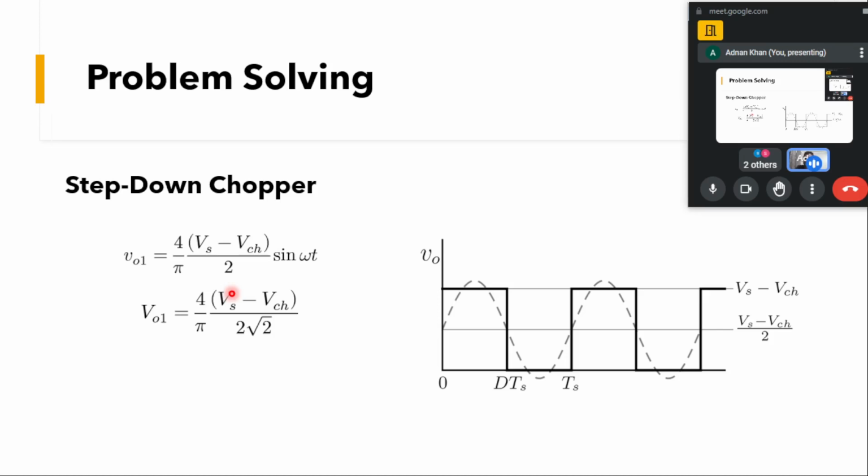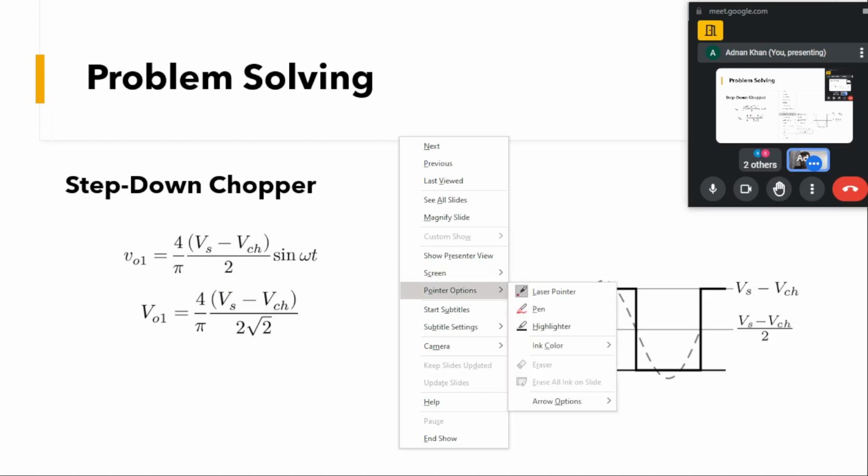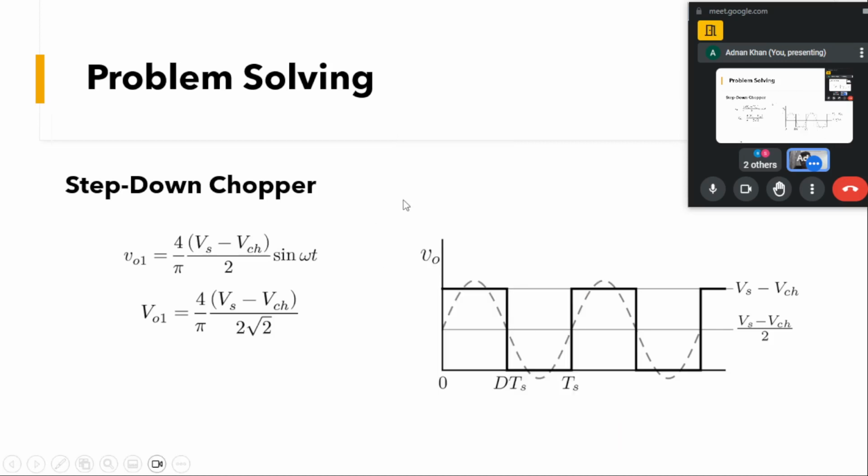Now what will be the RMS value of the fundamental? Anyone?